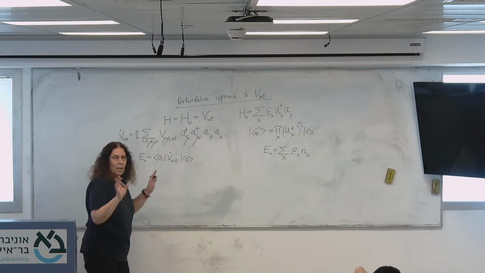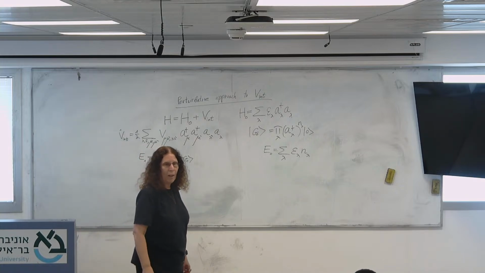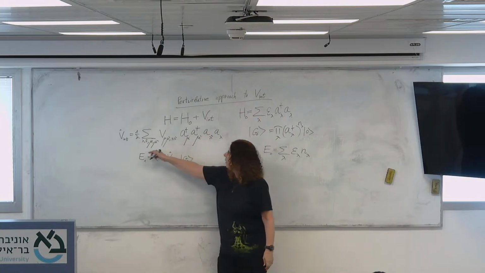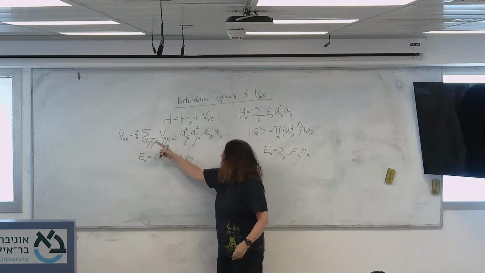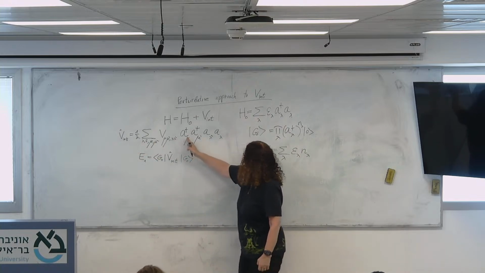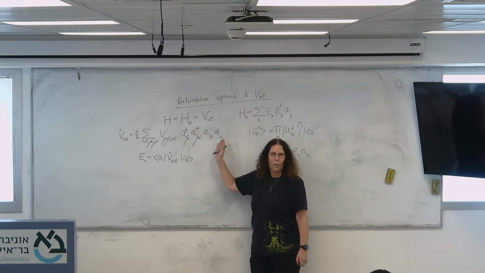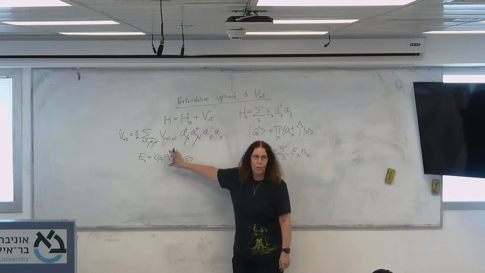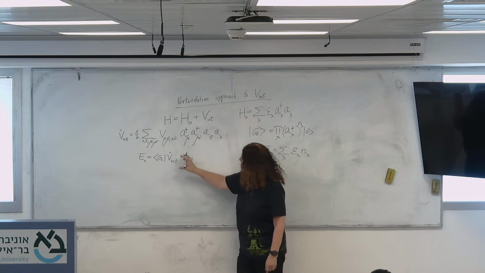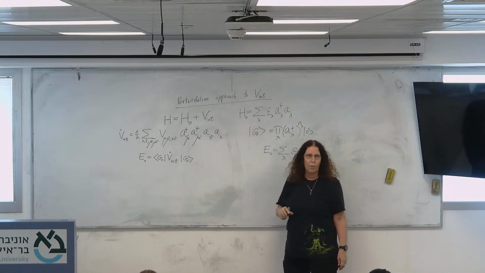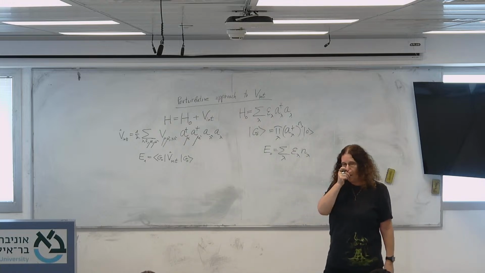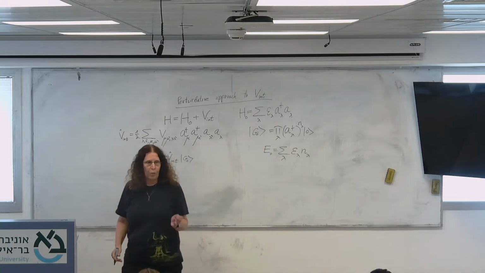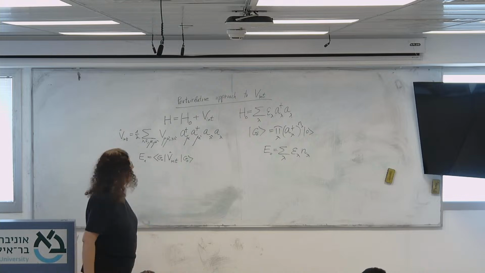Okay, so that's the kind of thing that we want to calculate, and we see that each term in this, if I plug in this interaction, I get a sum of contributions, and in each of them I have 4 operators. Okay, so I want to be able to calculate expectation values of such operators, and on first sight it looks a bit complicated. So we want to learn some tricks how to do it efficiently, so that you almost know the answer immediately.